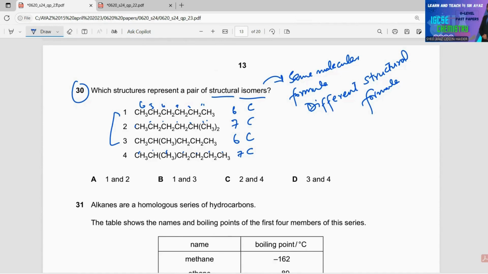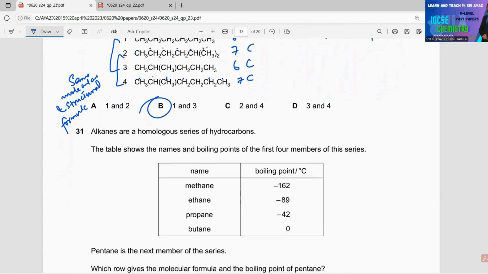If you look at 2 and 4, both of these are the same. They have the same structural formula, so they are not isomers. Same molecular and structural formula. So 1 and 3 are isomers. Structural isomers. 1 and 3 is the right answer. So B is the correct choice.